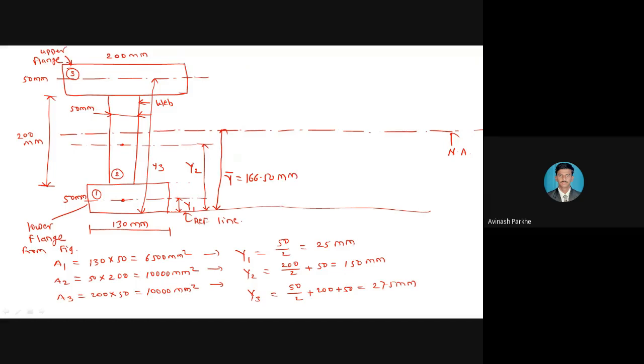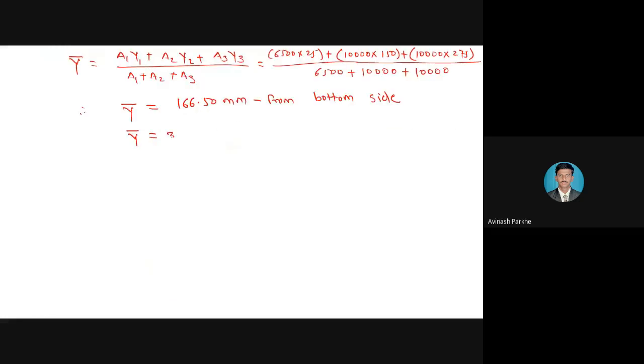Then what is the y bar distance from the top side? Please tell me. What is the total depth of this particular I section? 300 mm. 300 minus 166.50. So here the y bar distance, 300 minus 166.50, is equal to 133.5 mm.